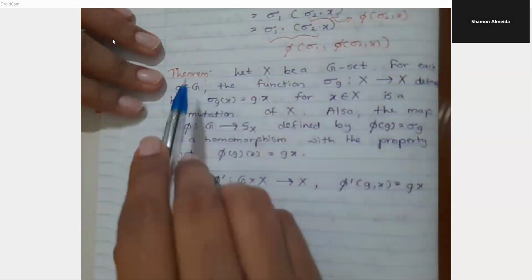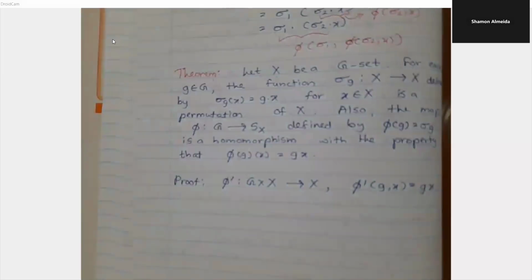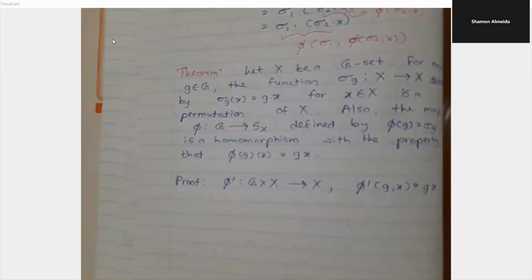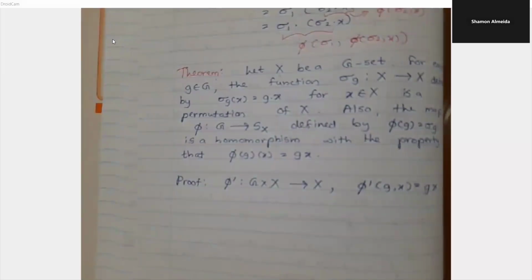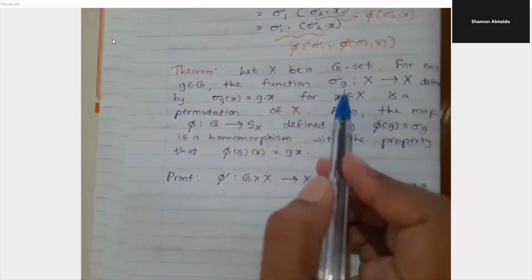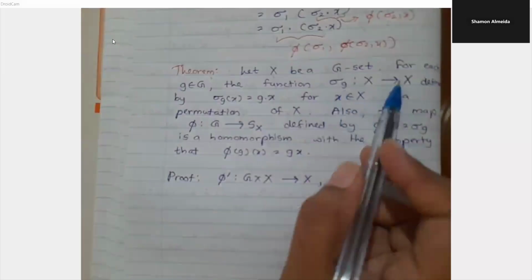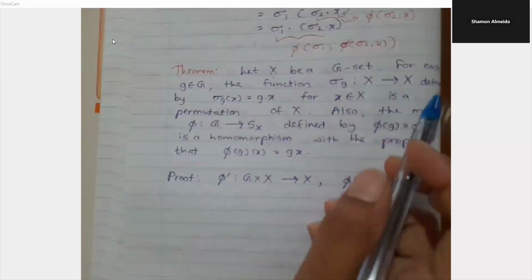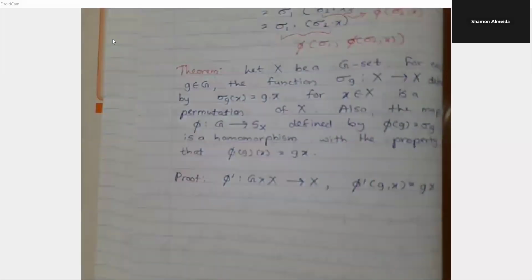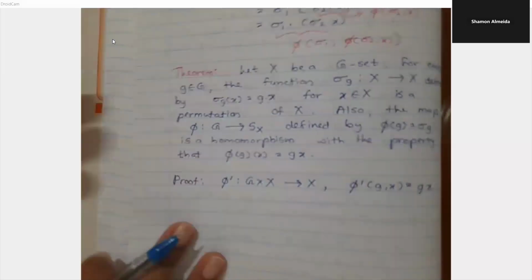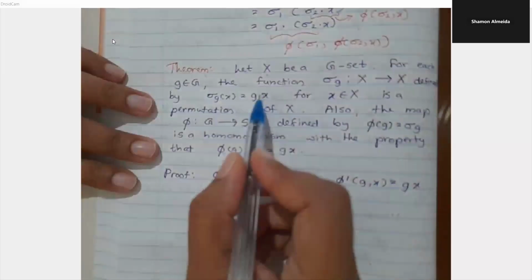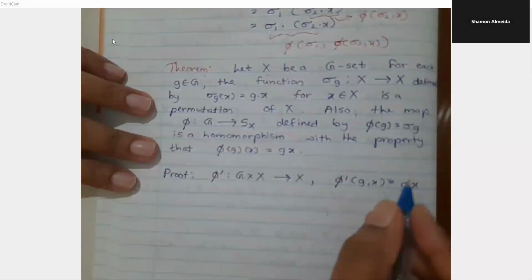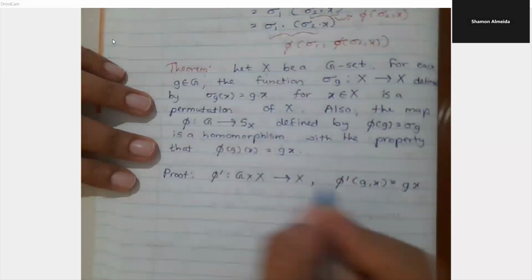We take an element g from G. For every element that you pick like that, you can define a function sigma g from X to X. How do we define this function? Take any element from X and map it to gx, which is the element that you get through this group action.